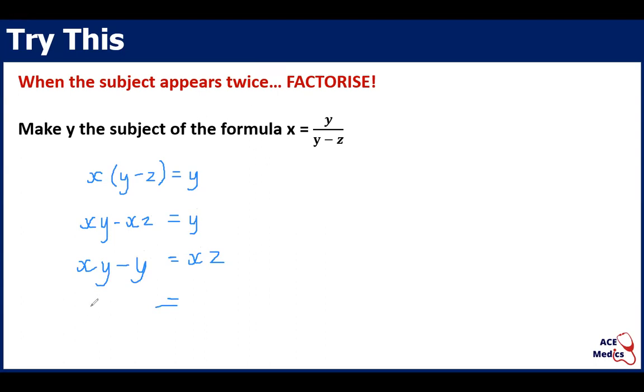Then we need to put it back into brackets so we end up with only one y. So y brackets x minus 1 equals xz. Then we just need to divide by x minus 1. So xz over x minus 1.